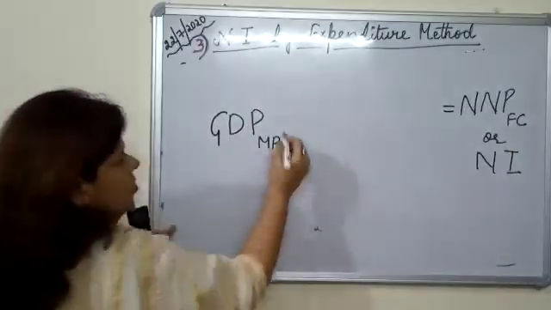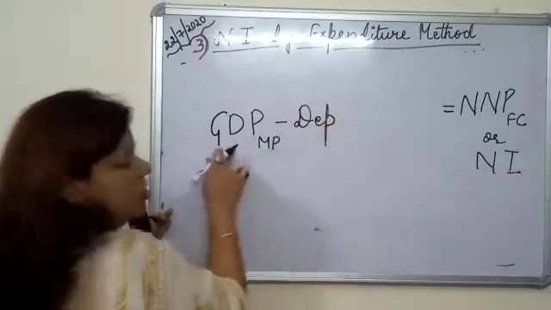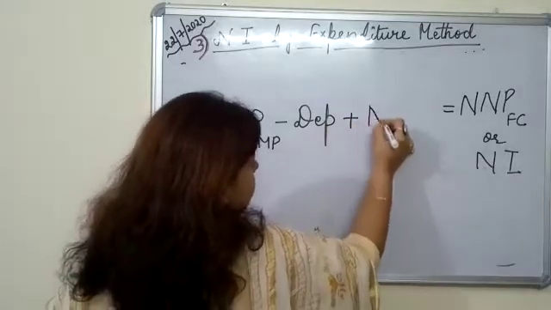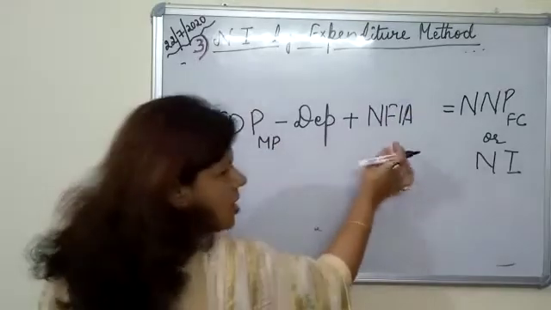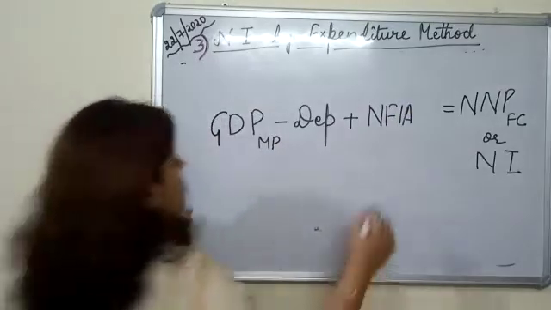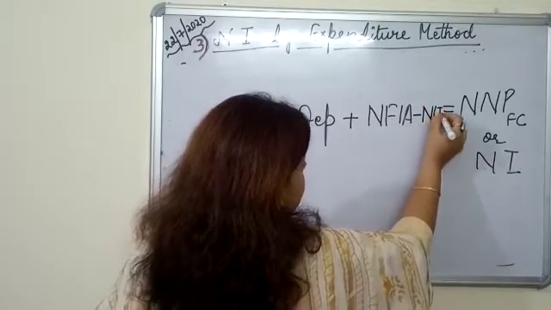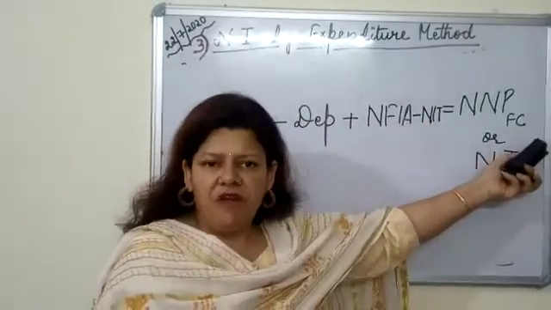So what do you do? You have to deduct depreciation to get net domestic product. You have to add NFI, net factor income from abroad, that is converting domestic into national. And because it is at market price, we deduct NIT, net indirect tax, to get the factor cost.